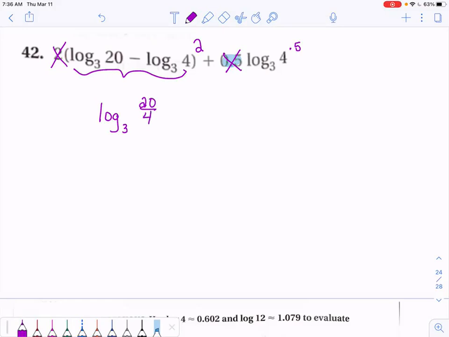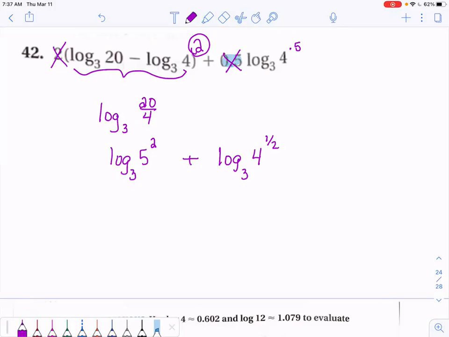So a subtraction sign, grouping symbols, parentheses, you do whatever's inside them first. So the log base 3 of 20 over 4 becomes the log base 3 of 5. That 5 is what the exponent of 2 goes with. So that 5 becomes 5 squared. And then we have the log base 3 of 4 to the exponent of 0.5, or we know 0.5 is the same as 1/2. So the number in front goes as the exponent after you condense them together.